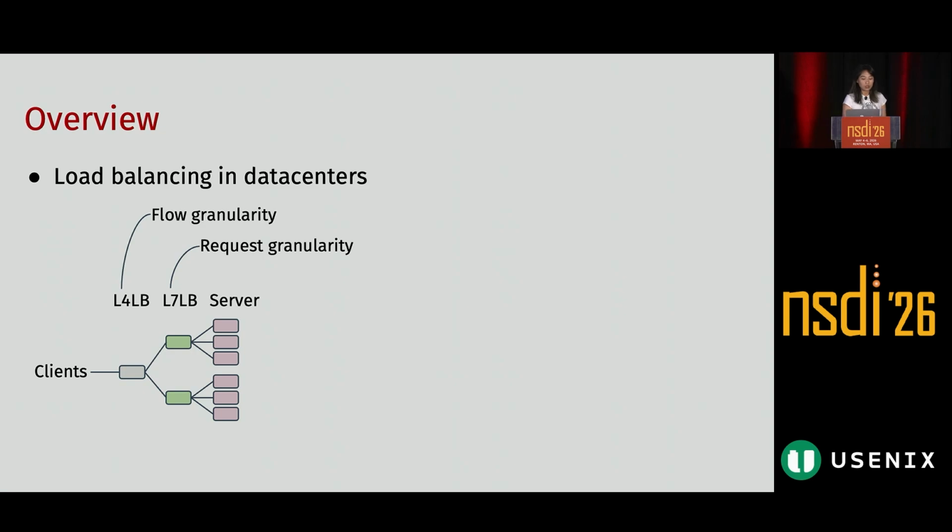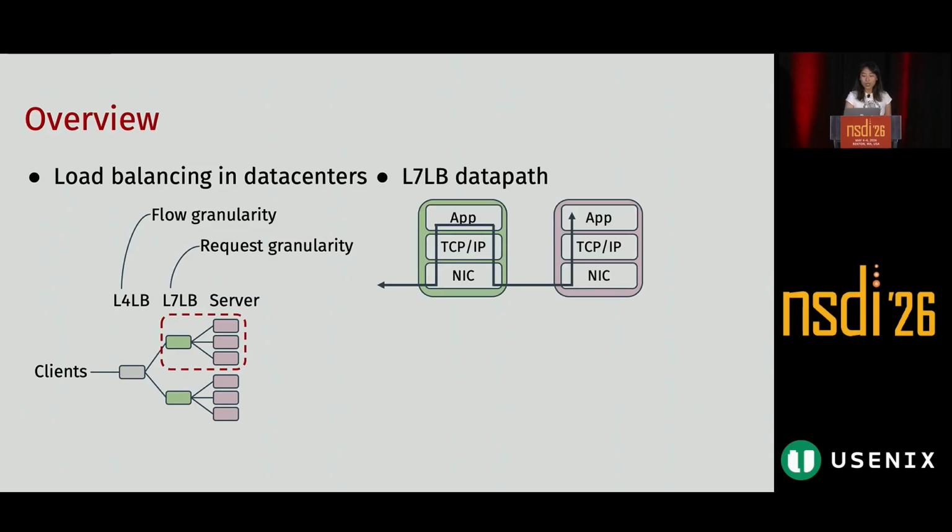And closer to servers, we have layer 7 load balancers. They operate at the request granularity. So in our work, XO, we focus on layer 7 load balancers. Compared to layer 4 load balancers, layer 7 load balancers are much more expensive.